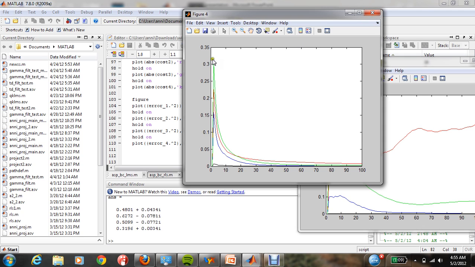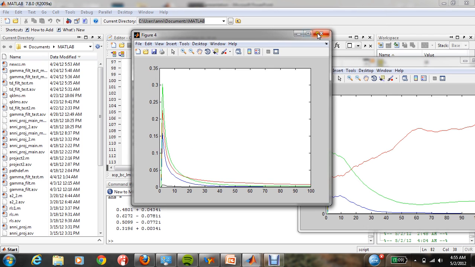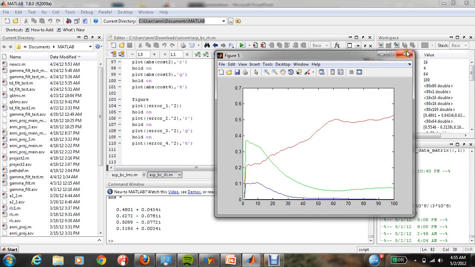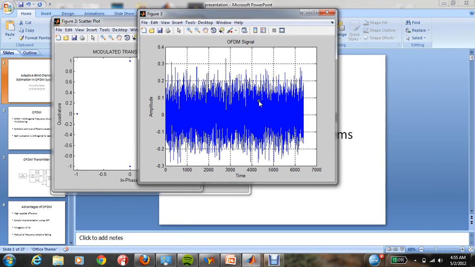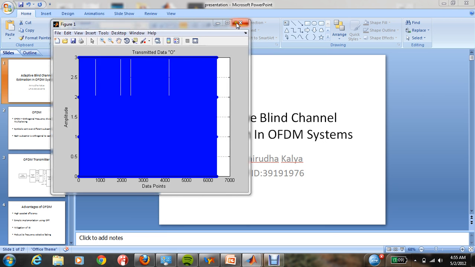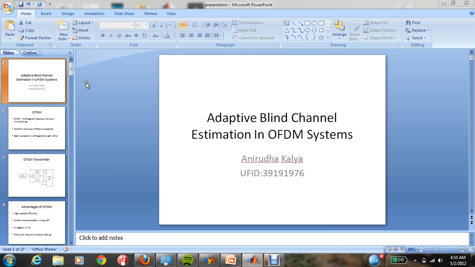So this again shows that the mean square error is lesser when compared with the LMS technique, but when compared on the speed of convergence, the LMS algorithm is much faster. This is the OFDM signal to be transmitted, and that is it. Thank you.